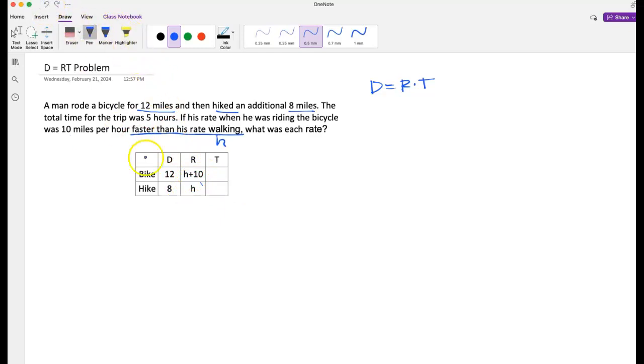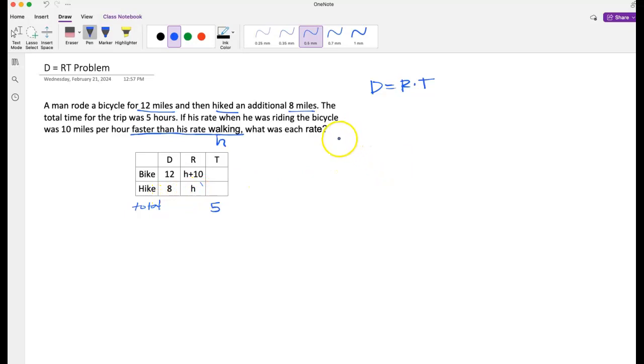So we only want to use one variable, so that's why I have here that his rate hiking is H and his rate biking is H plus 10. And all we know about the time is that it takes him 5 hours total to be able to do both of these things, to bike 12 miles and then hike 8 miles after that.